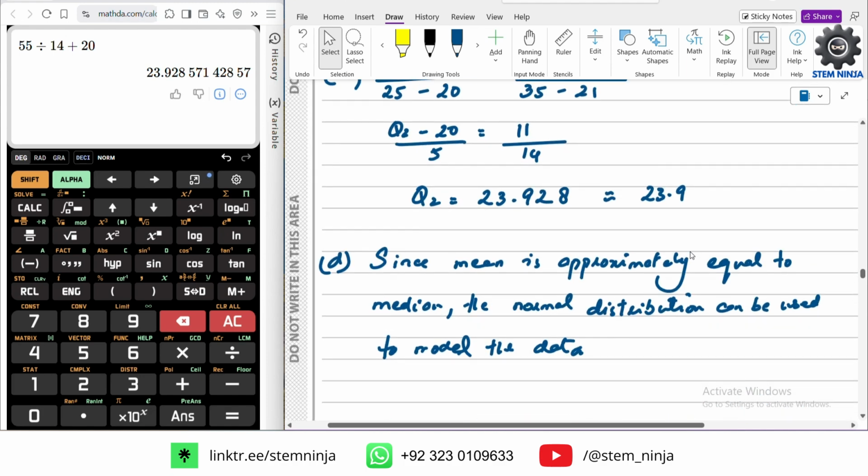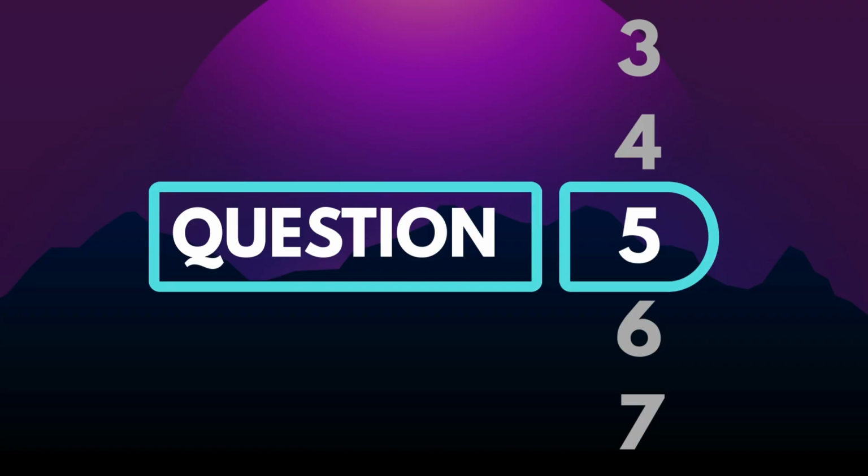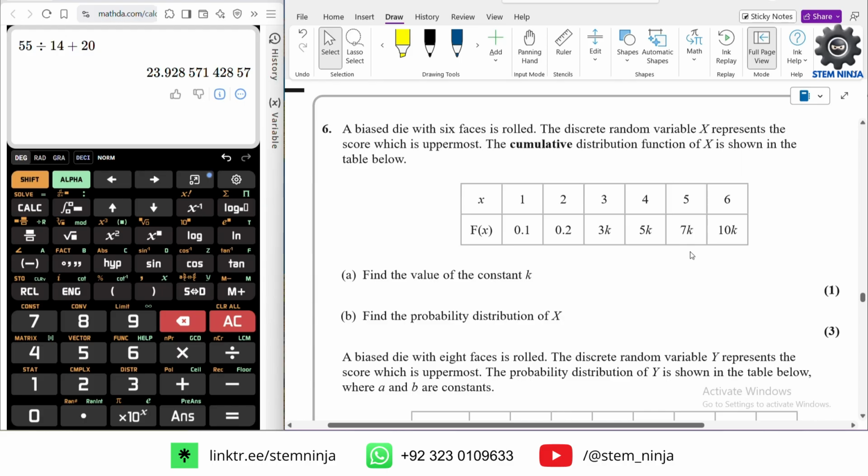Let's move on to question number 6. Question number 6. A biased die with 6 faces is rolled. The discrete random variable x represents the score, which is the uppermost. Cumulative distribution function of x is shown in table below. Find the value of the constant k.